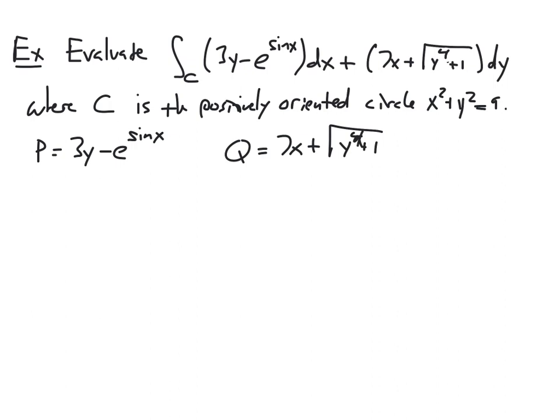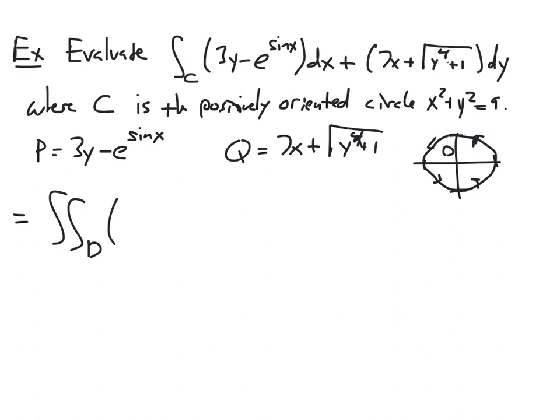So the integral we want to compute is equal to the double integral over region D, where D is the region inside that circle of radius 3, of del Q del x minus del P del y dA.